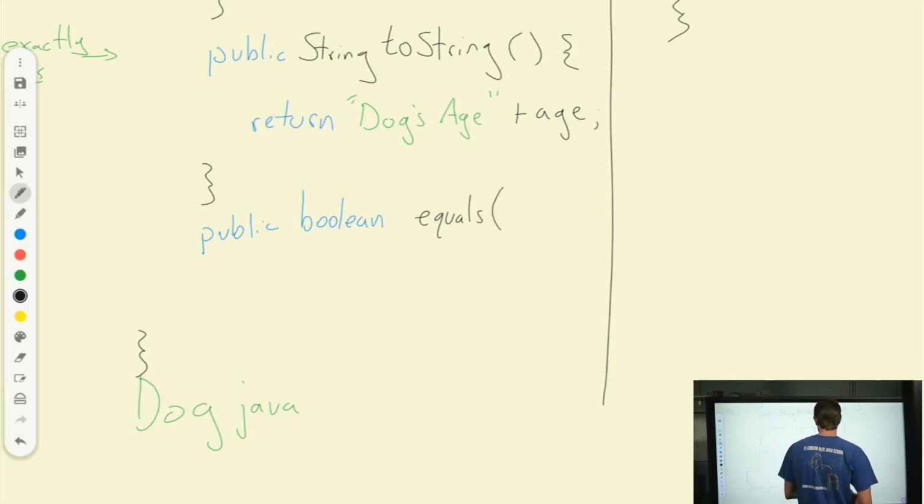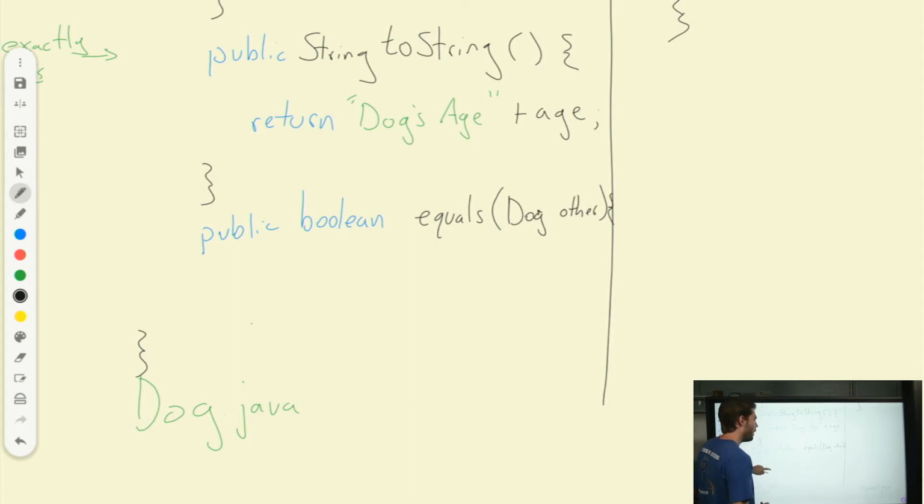And inside the equals, we need to be very specific here. We're going to take a dog argument, and we're going to call that dog other, and our open curly brace. A little tight there, but we got it. So we have our other dog.